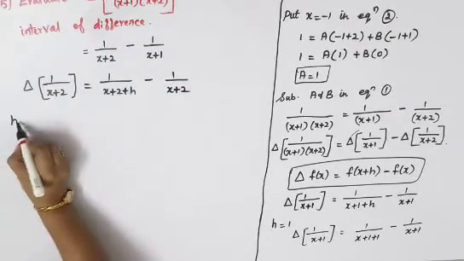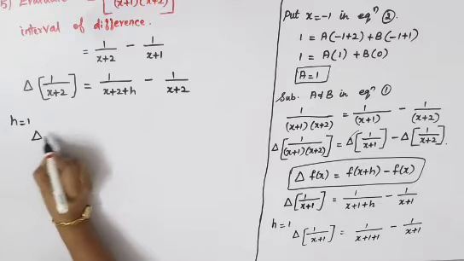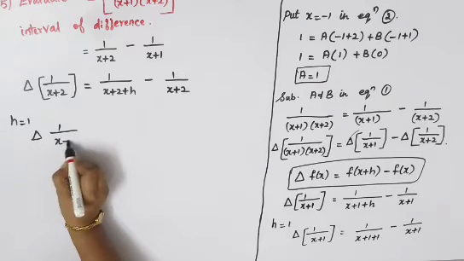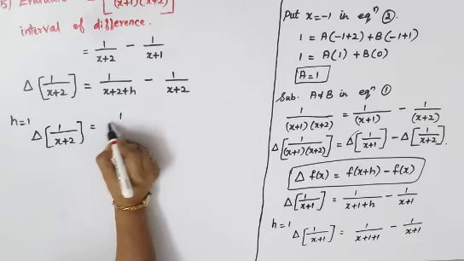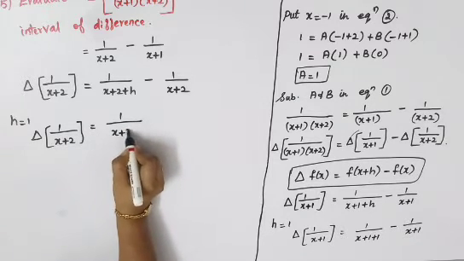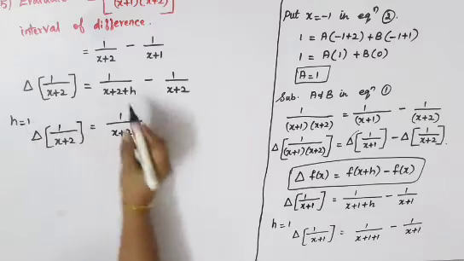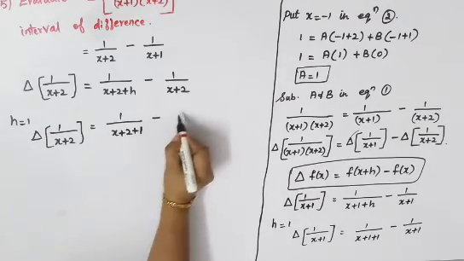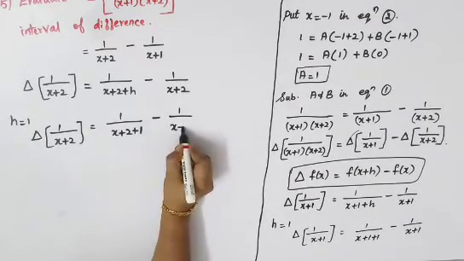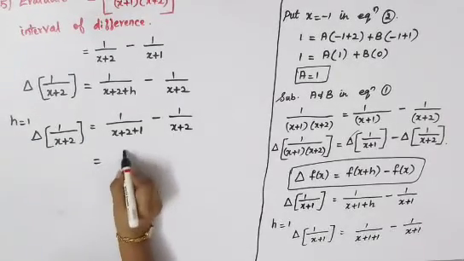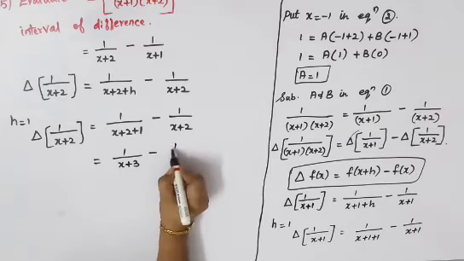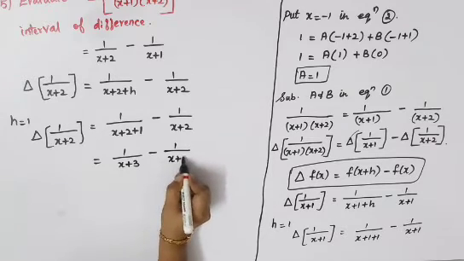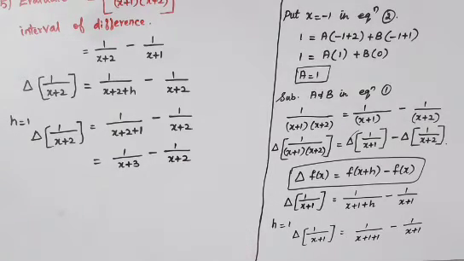Again when h is equal to 1, your delta of 1 divided by x plus 2 is equal to 1 divided by (x plus 2 plus 1) minus 1 divided by (x plus 2), which is equal to 1 divided by x plus 3 minus 1 divided by x plus 2. So now we have got both the answers separately.